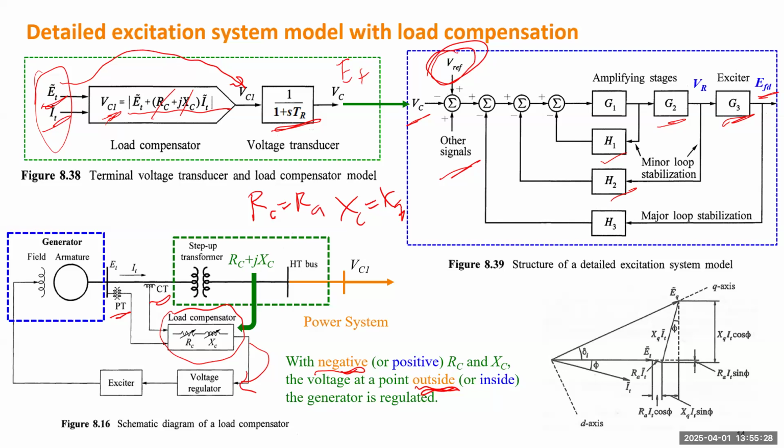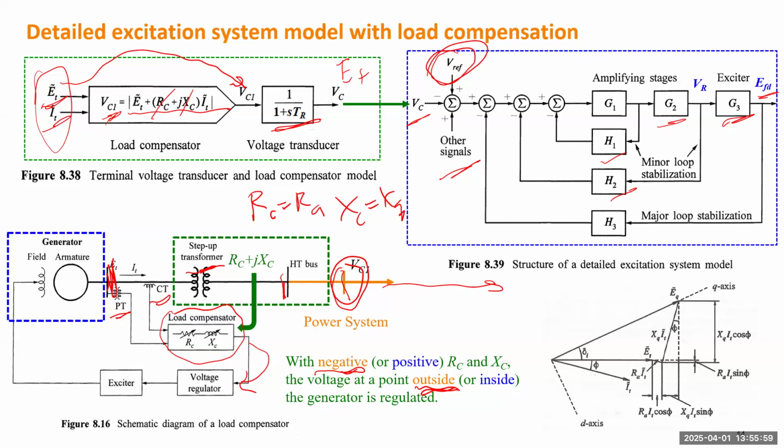So how do I set up that RC, XC? Assume beyond the terminal of the generator, on the right, there is the power system. The generator is connected first through a step-up transformer, then goes through a high voltage bus and some other high voltage bus, maybe delivered over long distance. There's some location which can be a voltage weak point. That's what I really want to control.